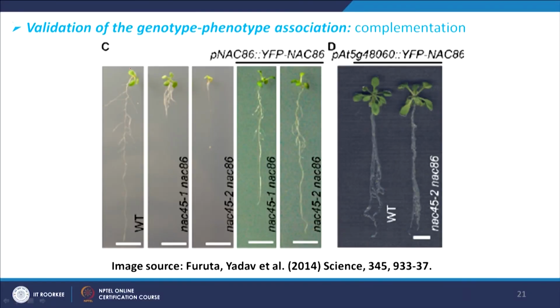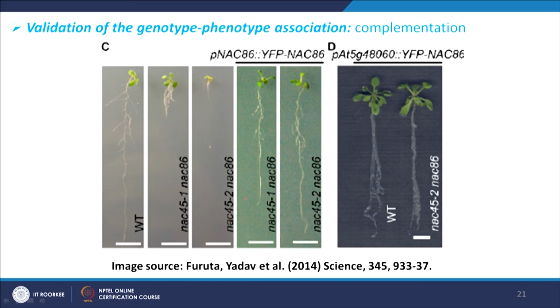So this is one example which I want to show you. This is wild type Arabidopsis plants growing very well, but if you look, these are the two double mutants. In both the double mutants, the root growth is highly compromised. They are very small rooted plants.